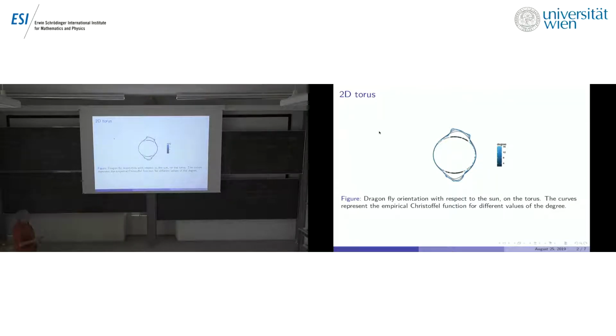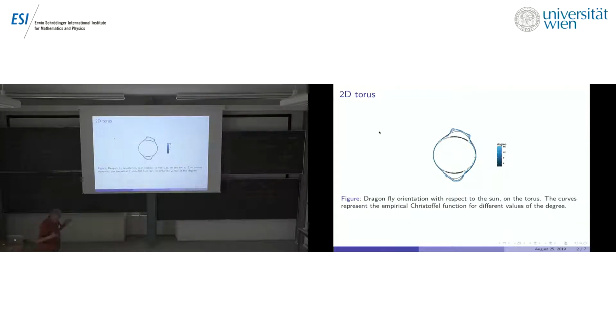This is real data. The orientation of a little fly related to the sun. This fly has an orientation, and what you see here are the level sets of the Christoffel function. And it shows how accurate they are compared to the orientation of this.